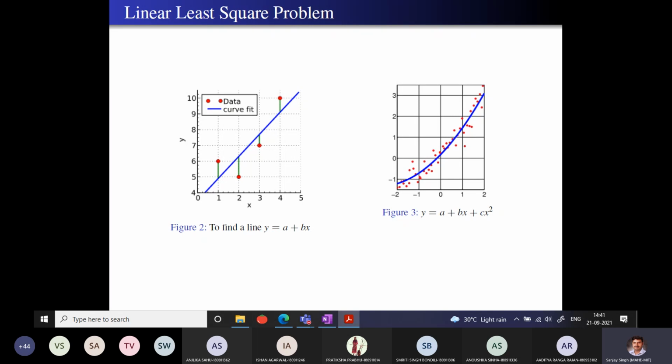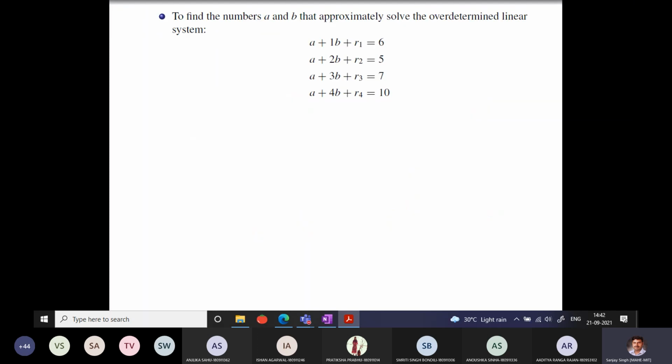What is best is how do I fit a model or curve so that the error is least. For this, let's say we are going to fit a linear model, which is y equal to a plus bx, or mx plus c, whichever you want. Here, I'm going to use y equal to a plus bx only.